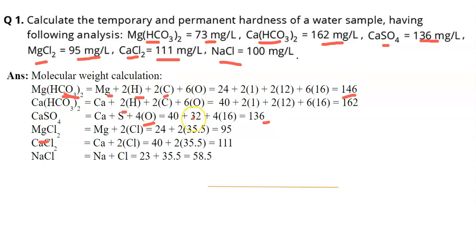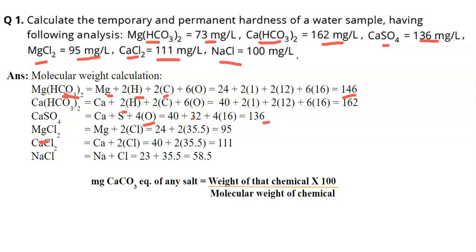Now that we have calculated the molecular weights, we have to calculate the hardness. This is the formula for calculating the hardness of water, which is mg of CaCO3 equivalent of any salt, meaning we have to convert the amount of salt into mg of CaCO3 equivalent. How are we going to calculate that?